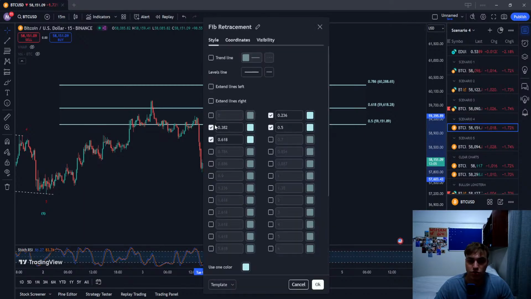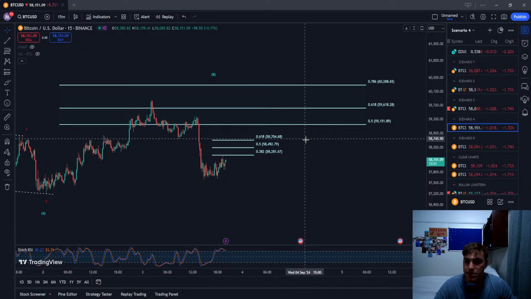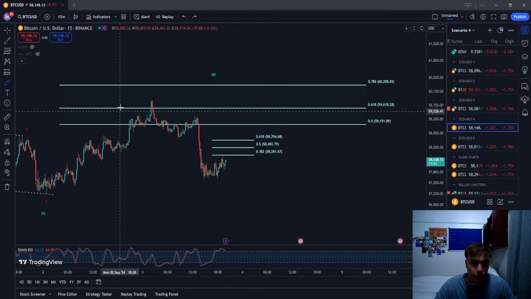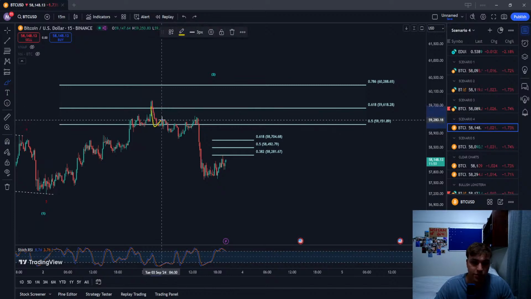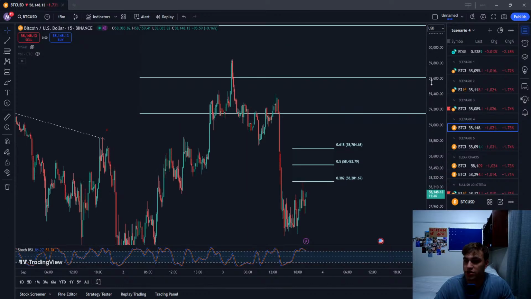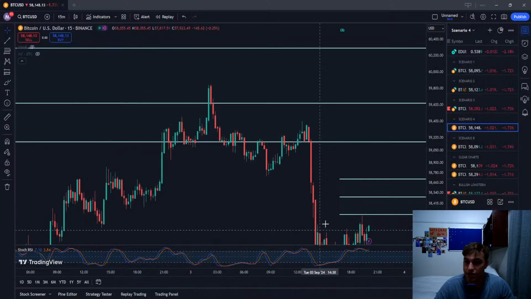We've already hit the 236, but we still have quite a bit of space up until 58,700 for there to be a take of one more in a 5-wave structure. So let's see, we did have a leading diagonal here, a 1, 2, 3, 4, 5. This is actually quite a nice way to illustrate a leading diagonal, if anyone is interested.